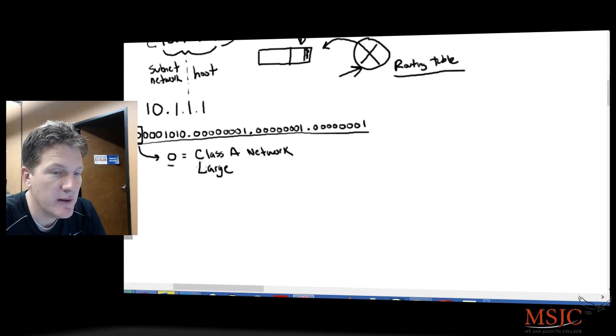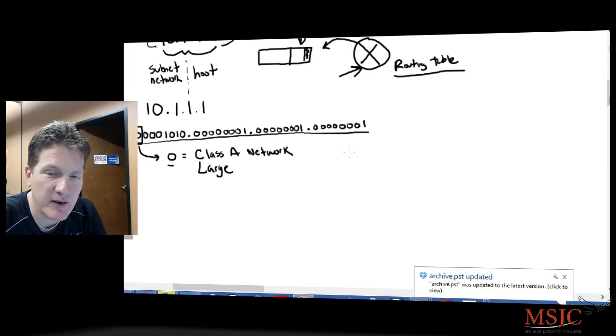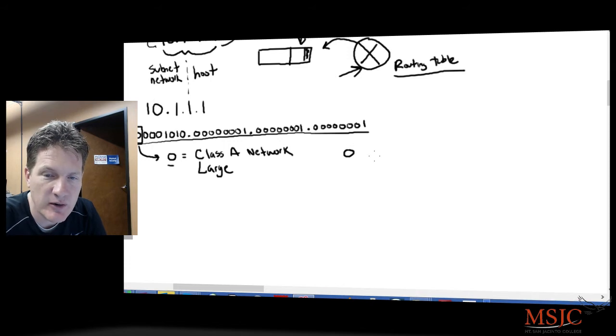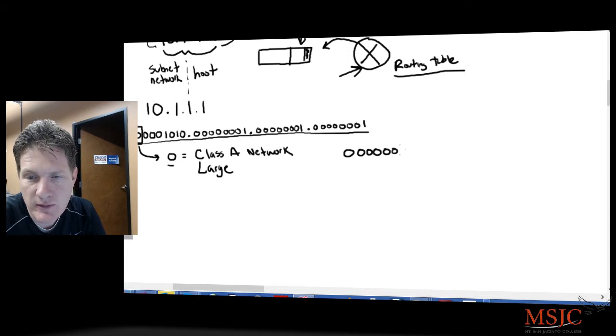And so basically, what networks would then be in the Class A scheme? Well, it's pretty easy to figure out. We take our first octet, and if the first bit always had to be 0, well, the first possible number would be 0. And then we could consider the next one, which would be 1.